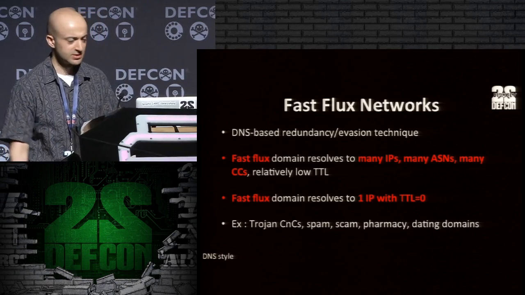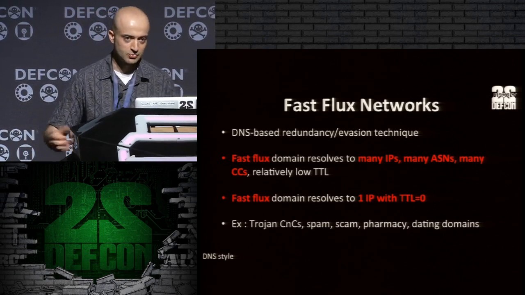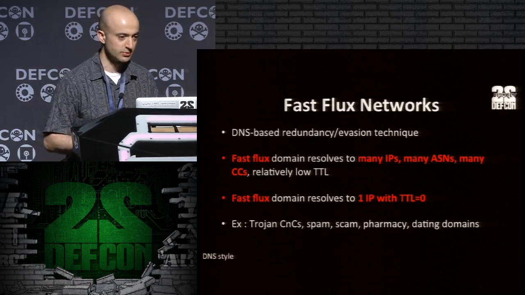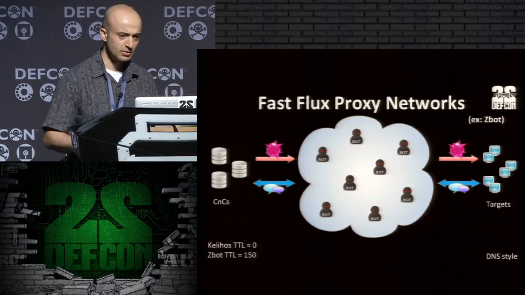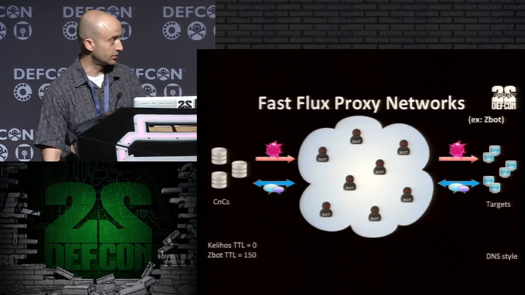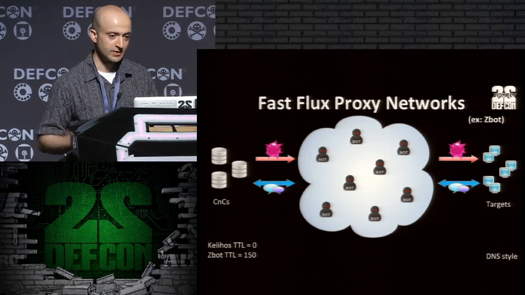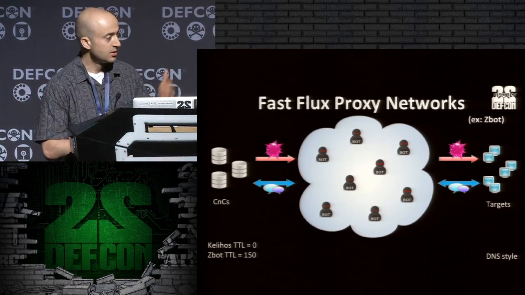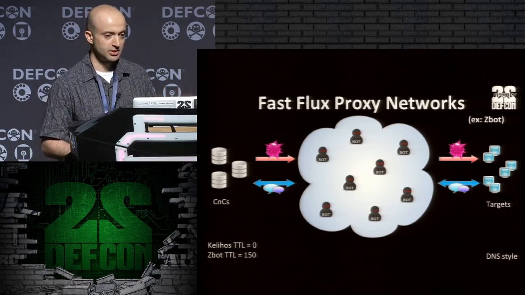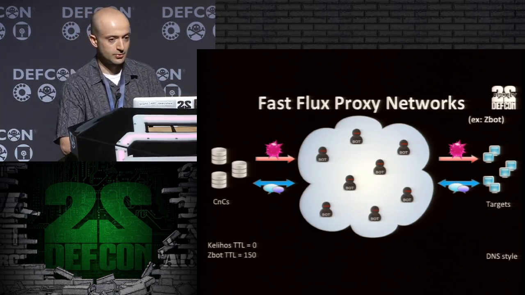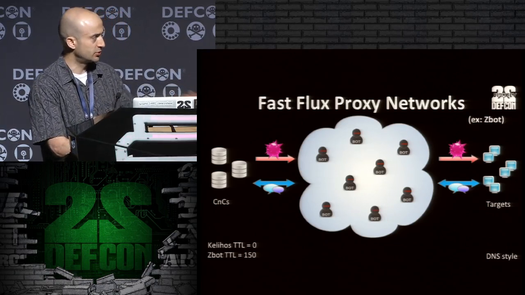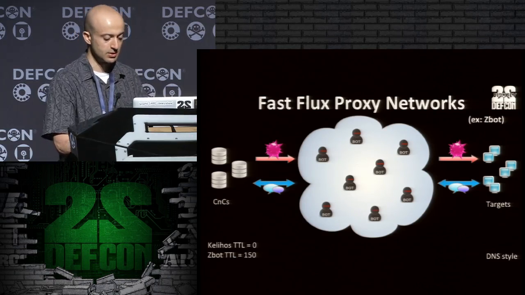So what is fast flux? I'm sure most of you know about it. It's a domain resolving to a lot of IPs scattered around the world, or a single IP with a very low TTL. If we're talking about a fast flux proxy network, it's a cloud in the middle with a lot of infected bots. They act as a shield or intermediary for communication between the back-end CNCs on the left and the targets on the right. Targets are usually machines that you try to infect because they have valuable information you want to steal.